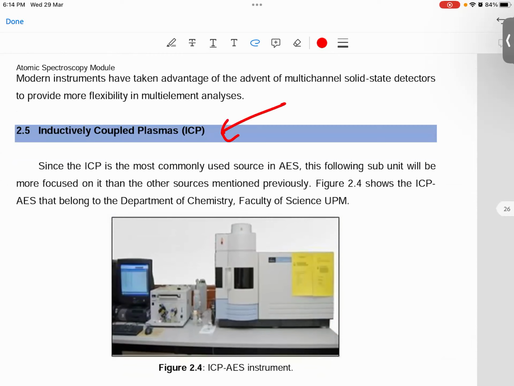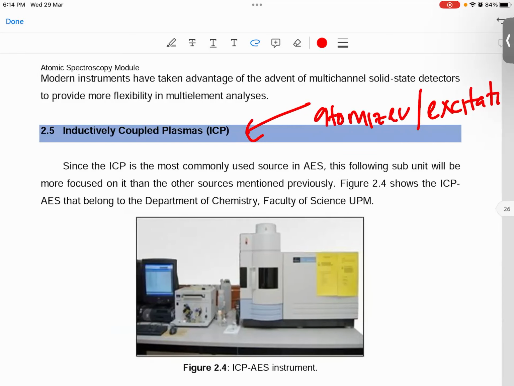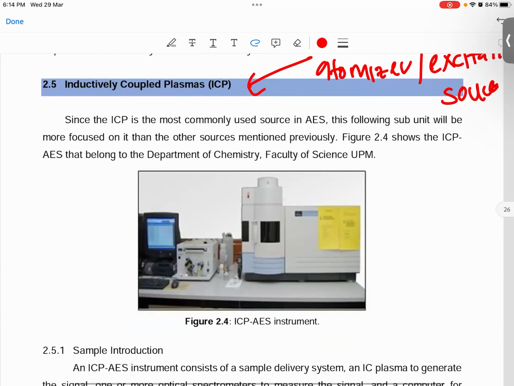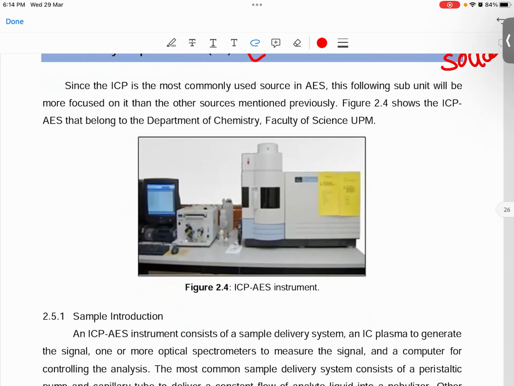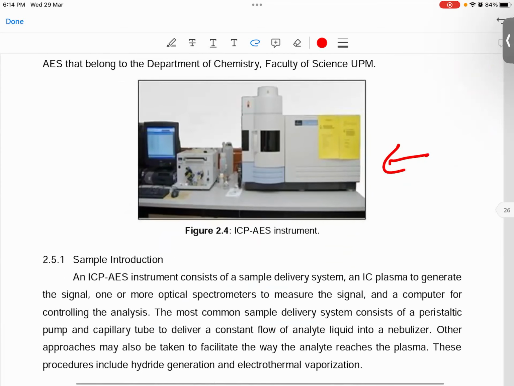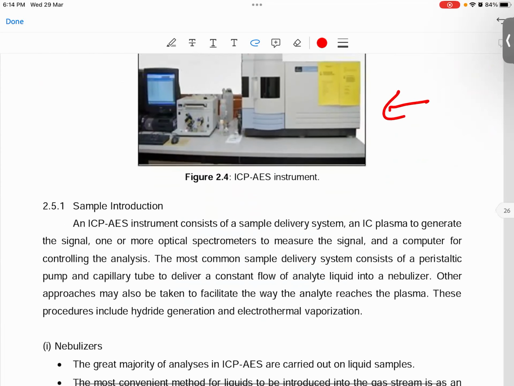Remember, this is the atomizer plus the excitation source. The pictures differ depending on the brand and model, so it does not have to look like this; it can have different looks as well.